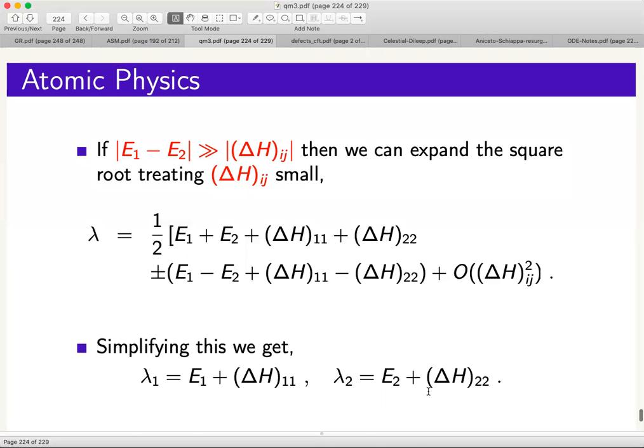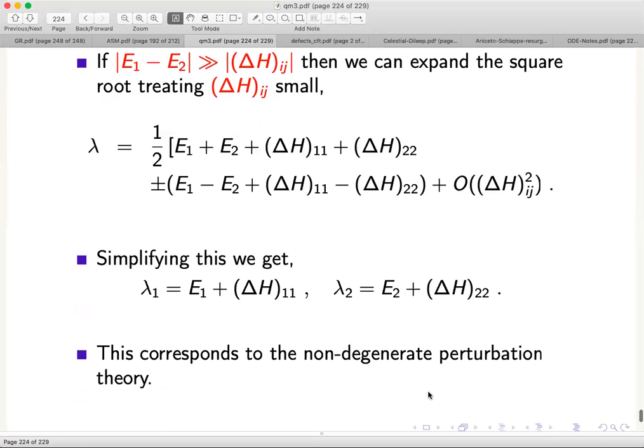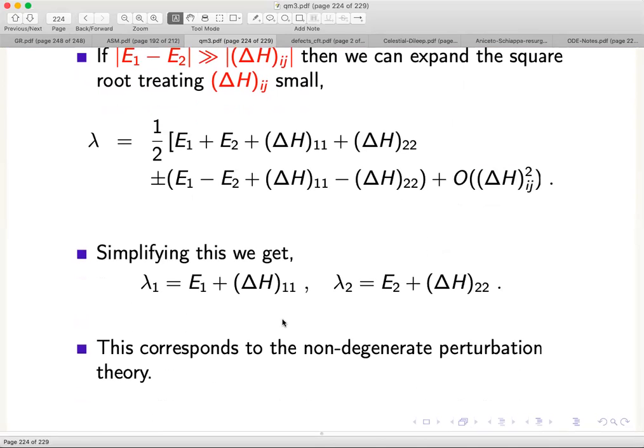Okay. This is what we would call non-degenerate perturbation theory, because you are not trying to solve a 2 by 2 matrix problem really, but you are solving the problem individually. This is the eigenvalue in state 1, and this is the expectation value of H in the state 1. Similarly, this is the eigenvalue for the state 2, and this is the expectation value of the perturbation in state 2.